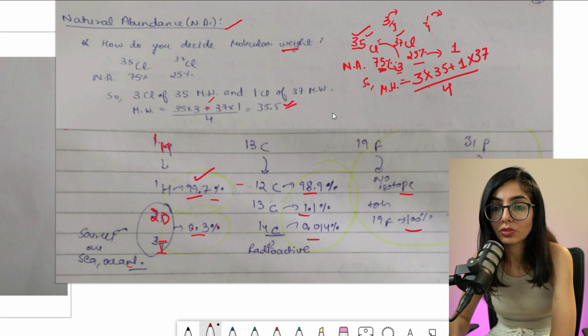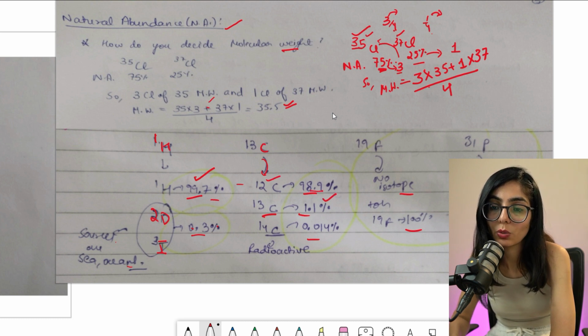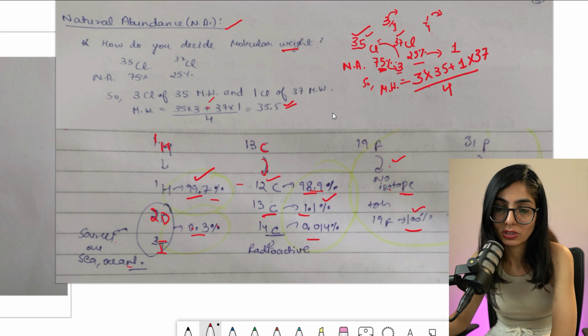And in terms of carbon, 13C is 1.1% abundant, 12C is 98.9% abundant, 14C is 0.014% abundant, and 19F has no isotope, so 19F has 100% abundance, and 31P again is 100% naturally abundant. So just learn these values and they will be very helpful, let me tell you that.